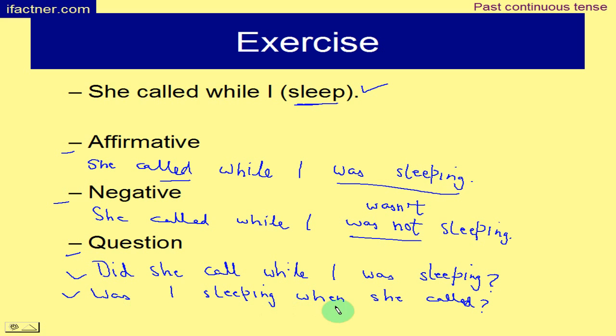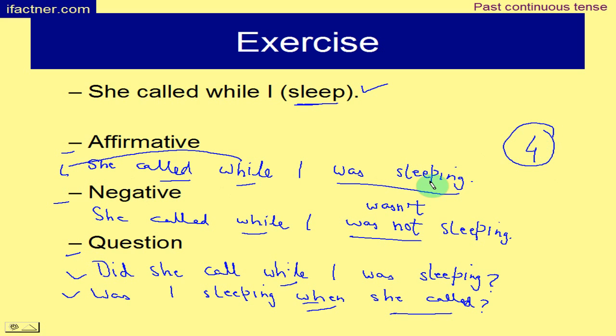Here we use when with the past simple tense, and here we use while with past continuous tense, but the question form changes. But both the forms are correct. So we can use while or when in the beginning of the sentence or in the middle of the sentence. All four forms are correct.